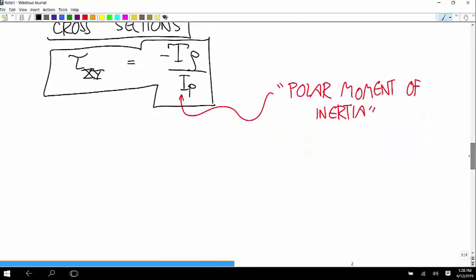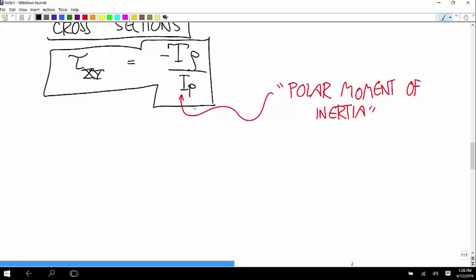So before we can do these calculations, we have to define this I sub p. Also, that negative comes in when I first drew the picture of this beam being torqued and drew the element that's being deformed. That negative comes about because of how we talked about it.